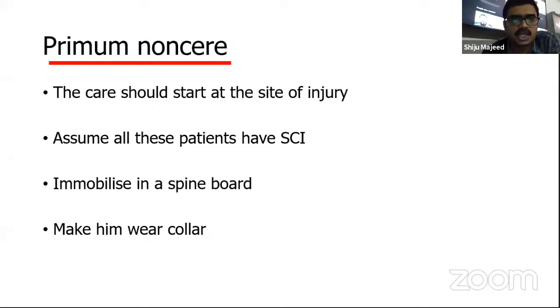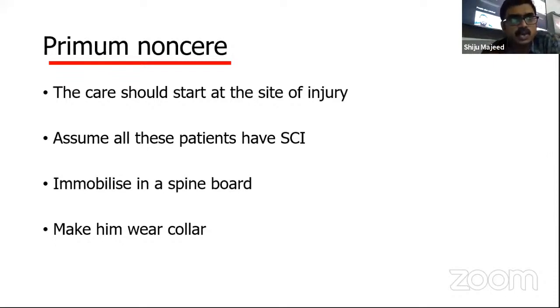That is primum non nocere. The care should start at the site of injury, and assume that all patients who fall from height, or are thrown out of a vehicle in a road traffic accident, or have a seatbelt injury from a road traffic accident, all have a spinal cord injury.